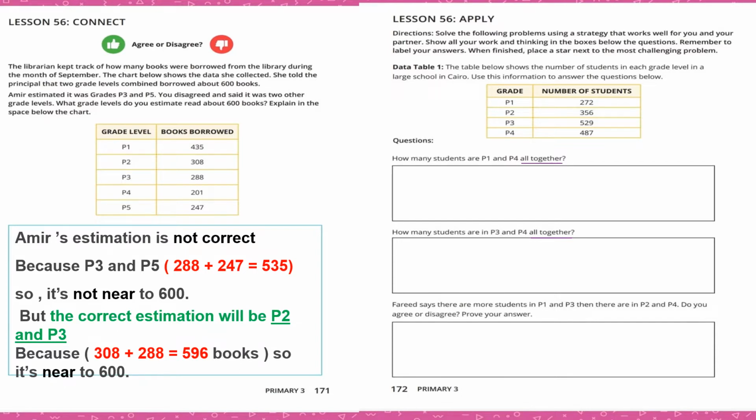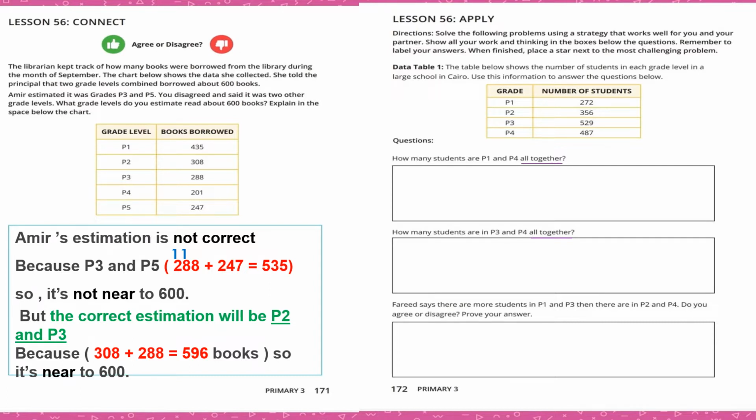288 plus 247. Ones with ones, tens with tens, and hundreds with hundreds. 8 plus 7 equals what? Big in my mind and small in my finger. 8 plus 7 equals 15. 5 and carry up 1. 1 plus 8, 9. 9 plus 4, 13. 3 and carry up 1.